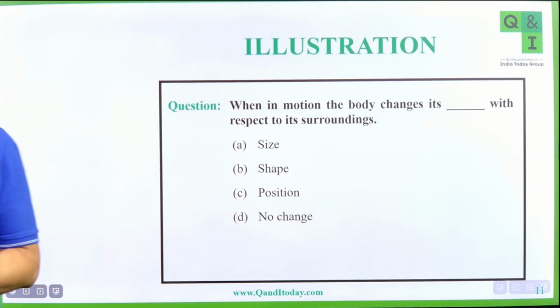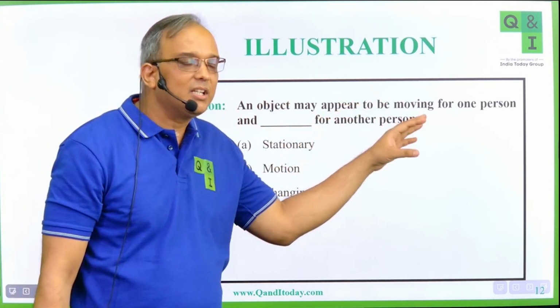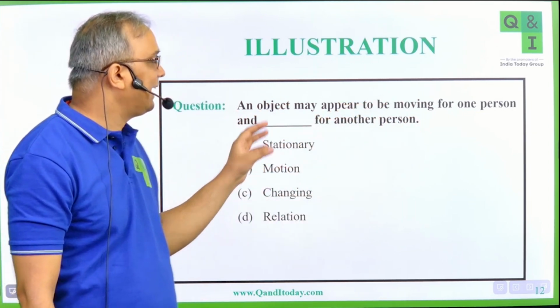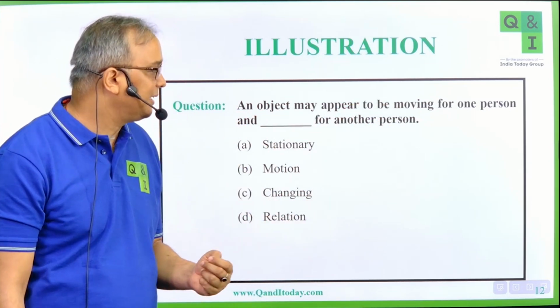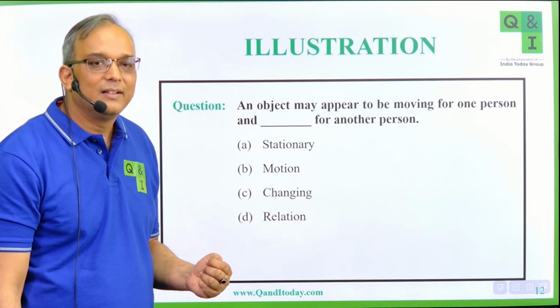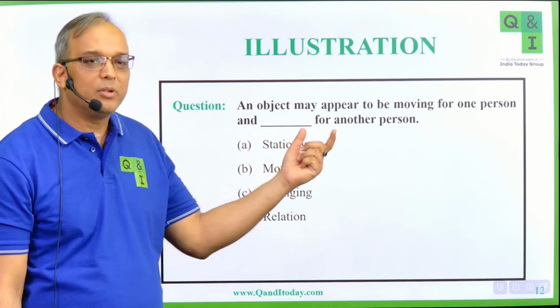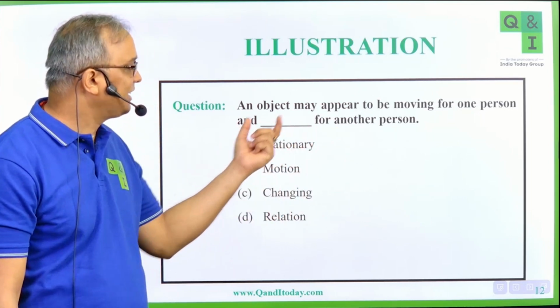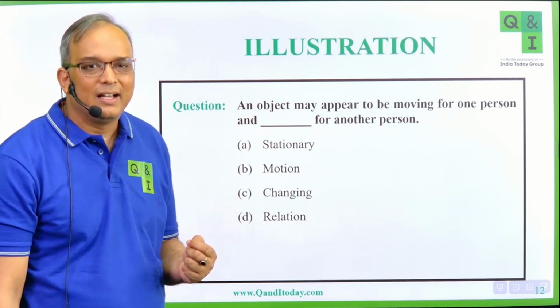Good. Now let's come to the second question. An object may appear to be moving for one person and dash for another person. Which option would be here? Yes, correct.